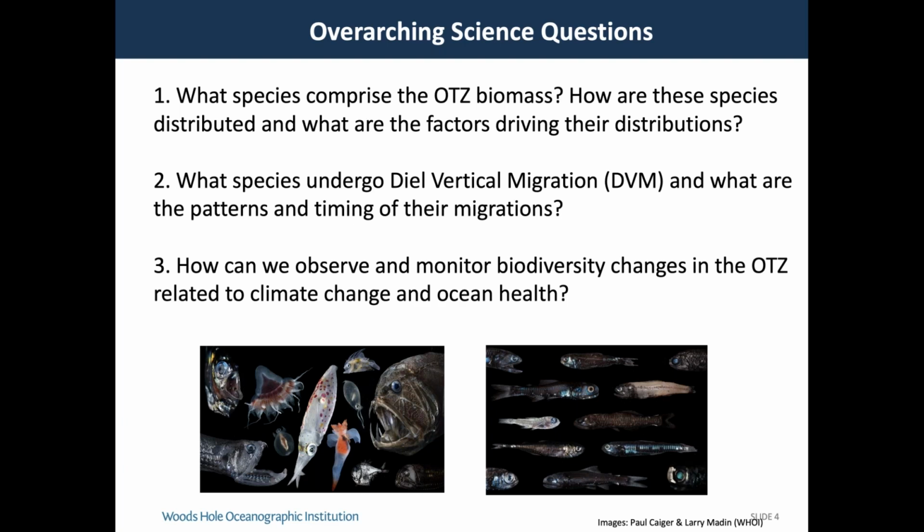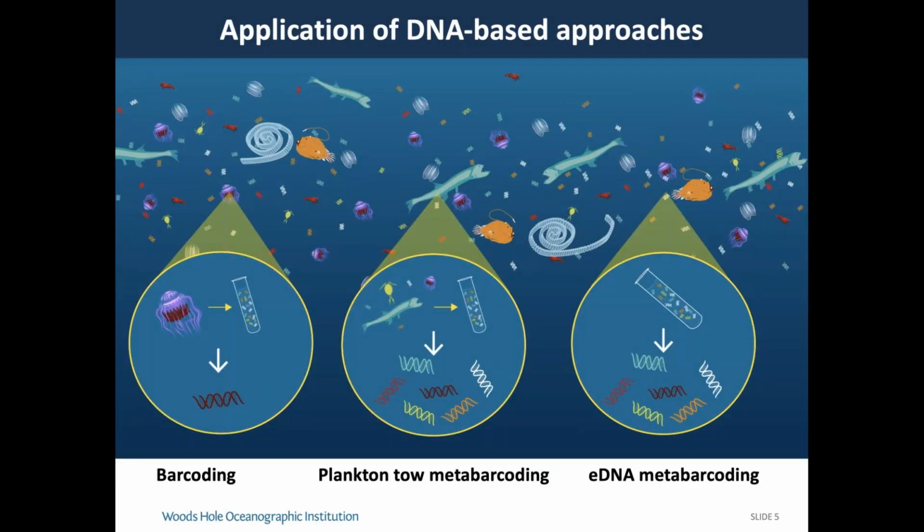What are the species that comprise the OTZ biomass, and how are they distributed in space and time, and the factors driving those distributions, in particular, what species are undergoing diel vertical migration, and what are the patterns and timings of their migrations, and how can we observe and monitor biodiversity changes that are related to climate change and ocean health. So these are some big questions that we want to answer.